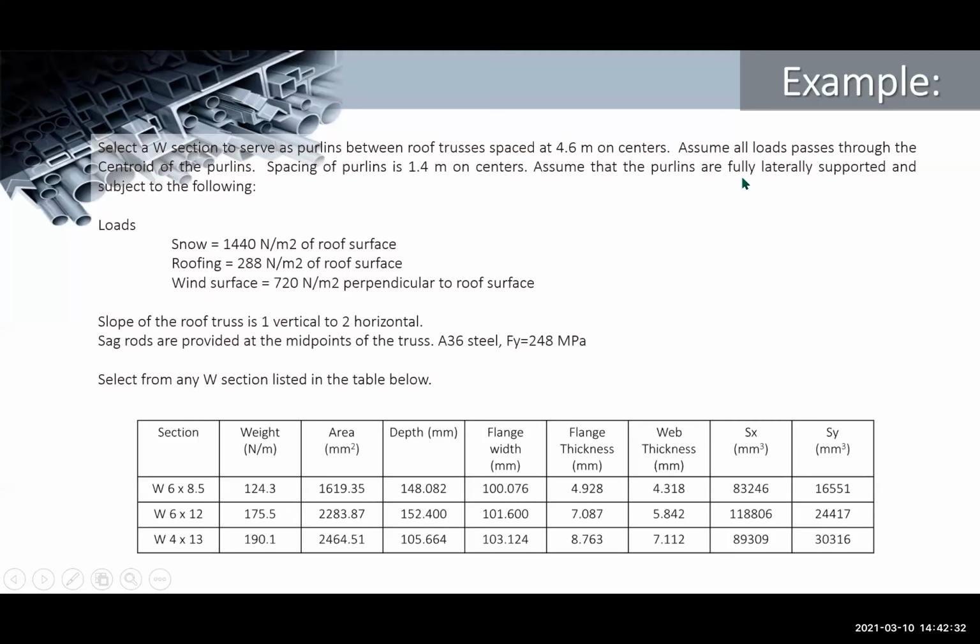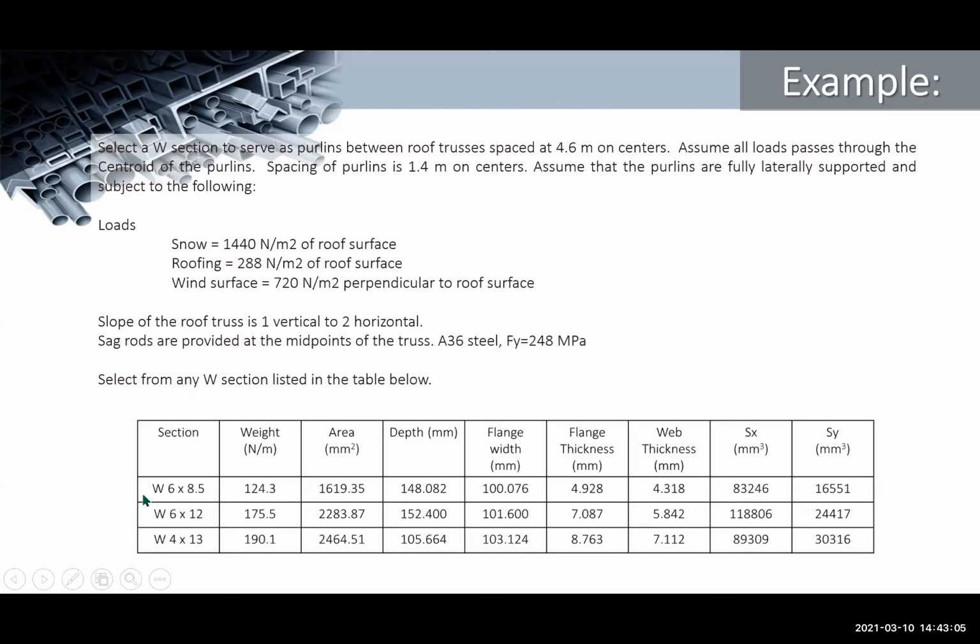Assume that the purlins are fully laterally supported and subjected to the following loads: the snow load, the weight of the roof itself, and the wind load. The slope of the truss is 1 vertical to 2 horizontal. Sagrods are provided at the midpoint of the truss. Fy is 248, and select from any of the W sections.